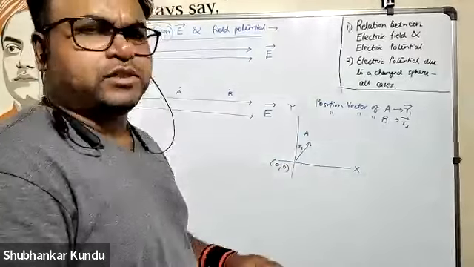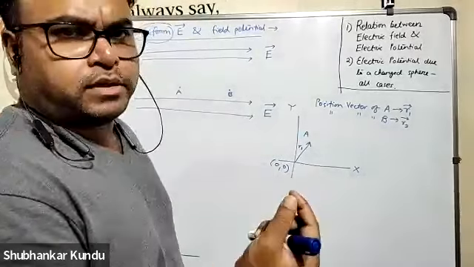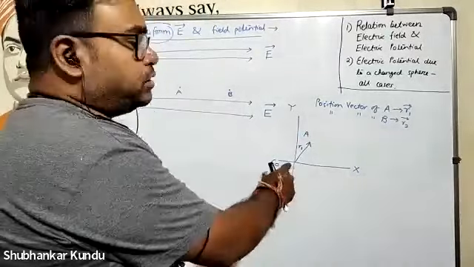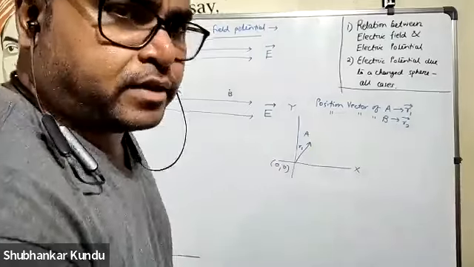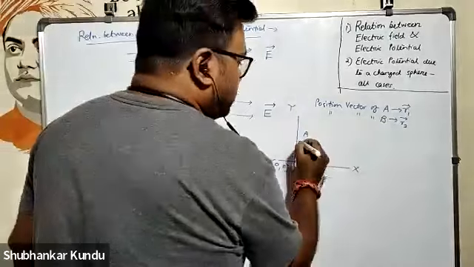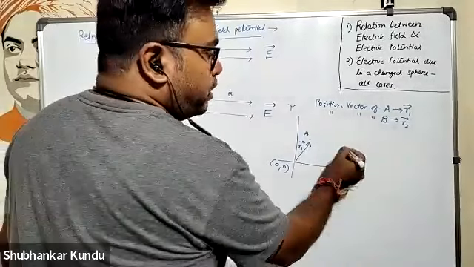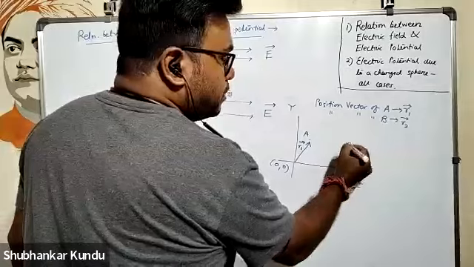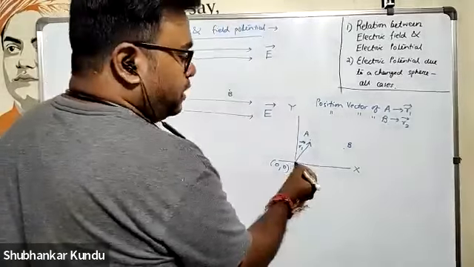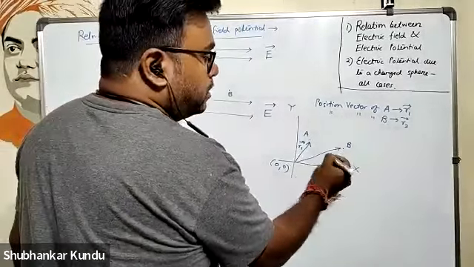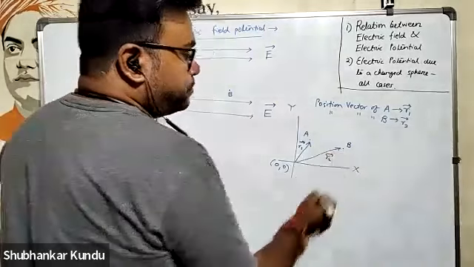Let us talk about the displacement. What should be your displacement if you start from origin and travel to A? Displacement is a vector quantity, it will be R1 vector. Let another point be B. What will be your displacement if you start traveling from the origin and travel to B? Let it be R2 vector.